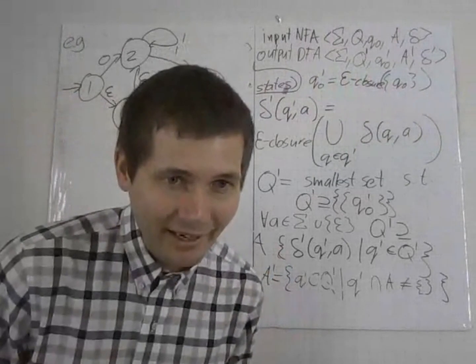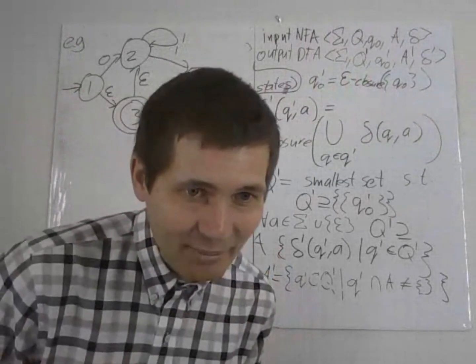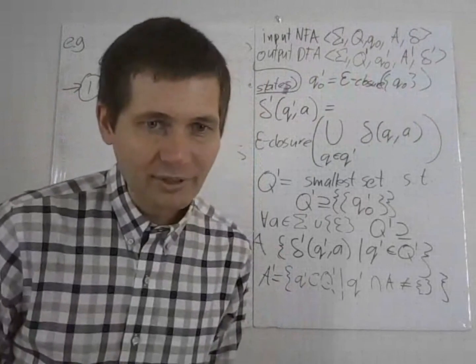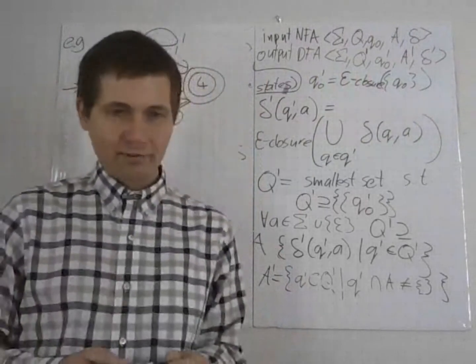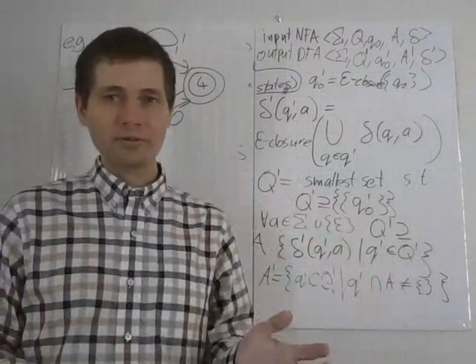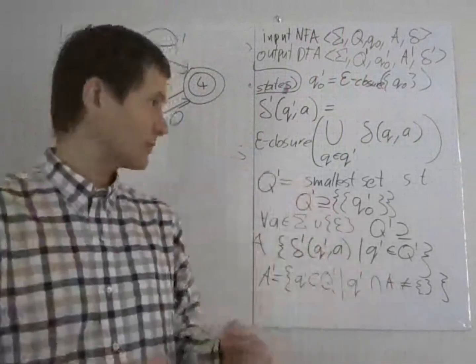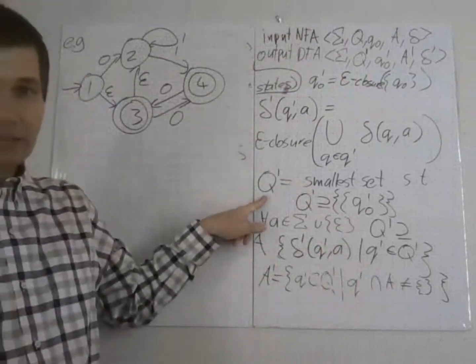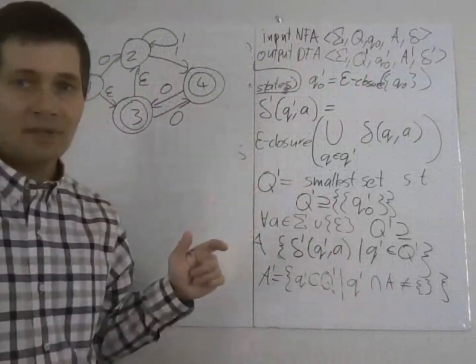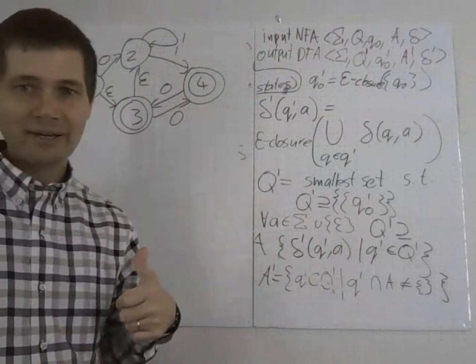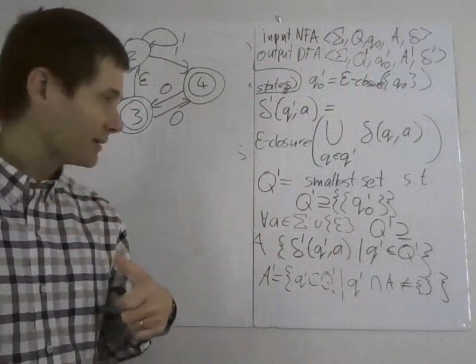I have a question. Is it possible to pre-compute something small containing Q prime without having to run the NFA? Yes, that's exactly what we want to do. We want to pre-compute all of these, but specifically Q prime, without running the NFA.